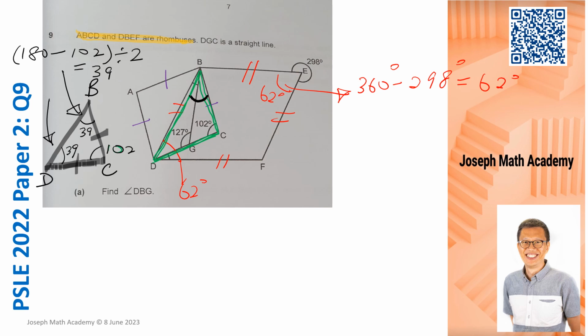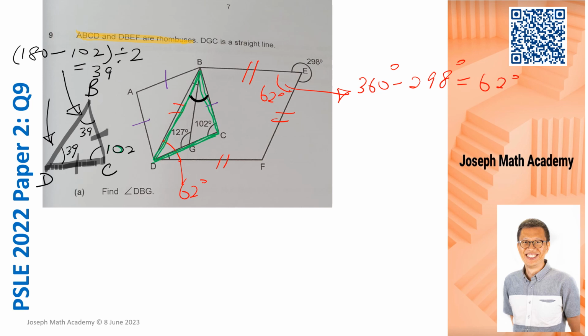I've indicated with an arc there, angle CBD. Now I want to find this angle over here. The arc that I have drawn, angle BCD, is not 62, it's actually 39 degrees.